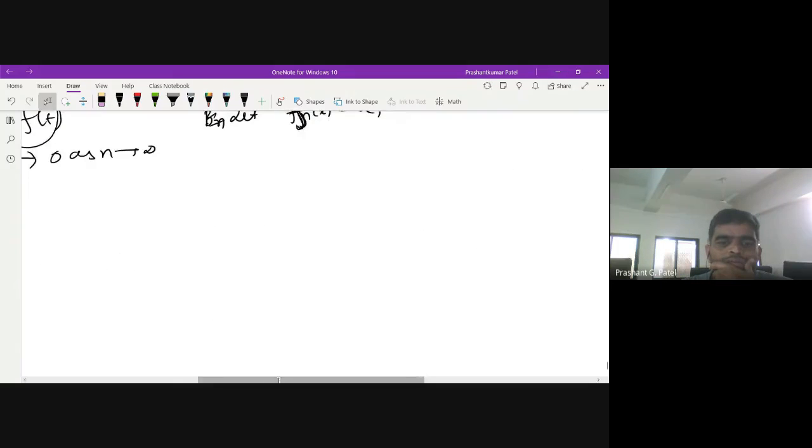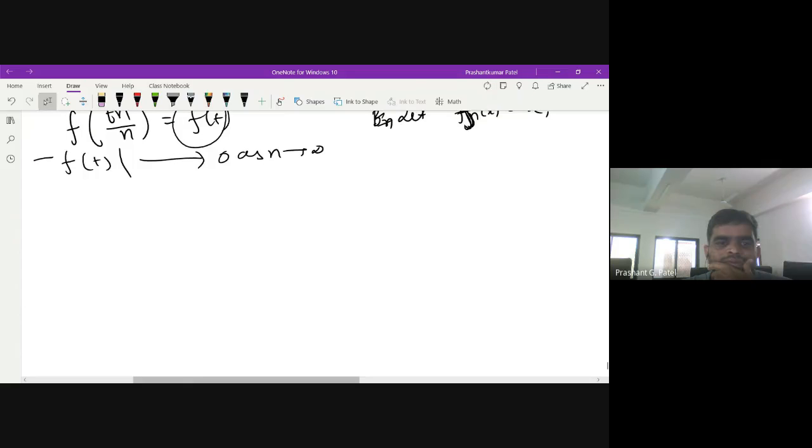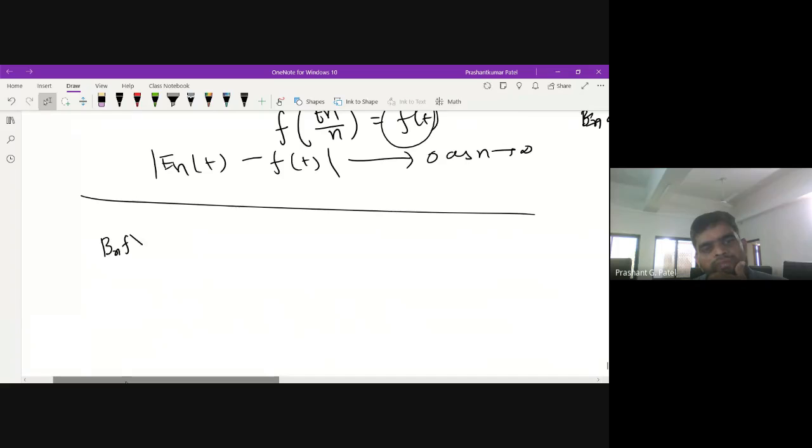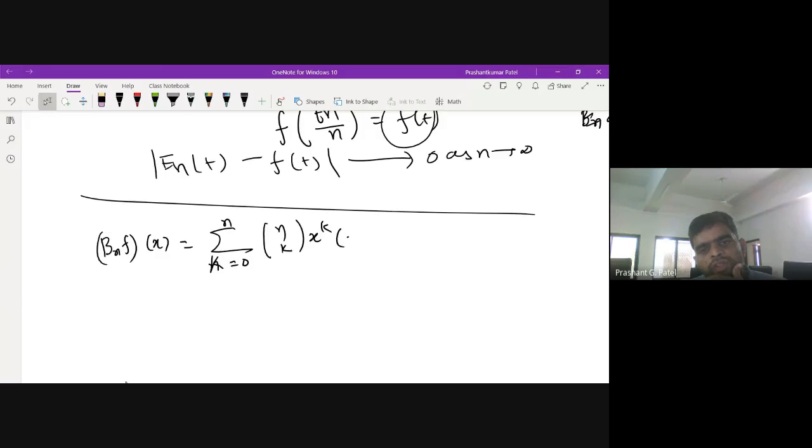So for that, let us see this. Bn f at x, we know it is summation k running from 0 to n, nCk x^k (1 minus x)^(n-k) f of k by n.